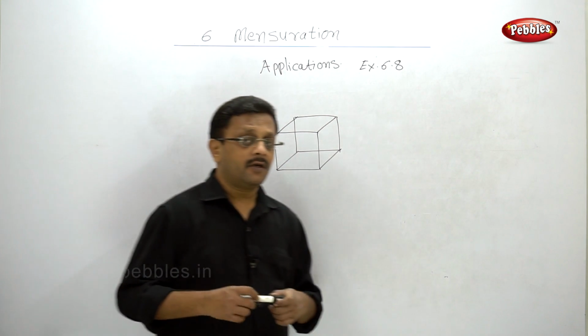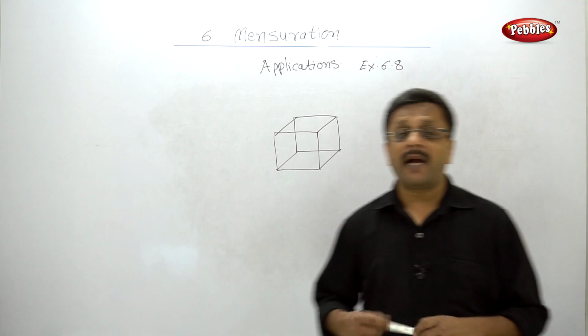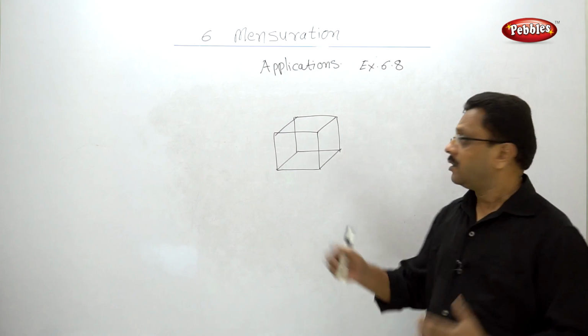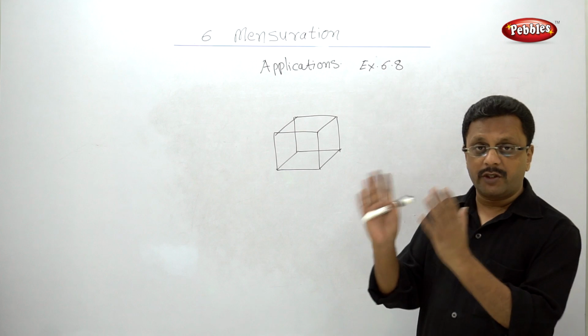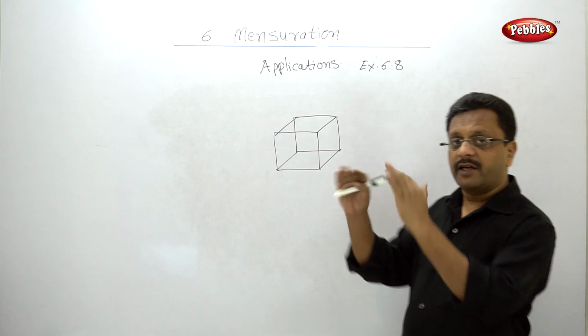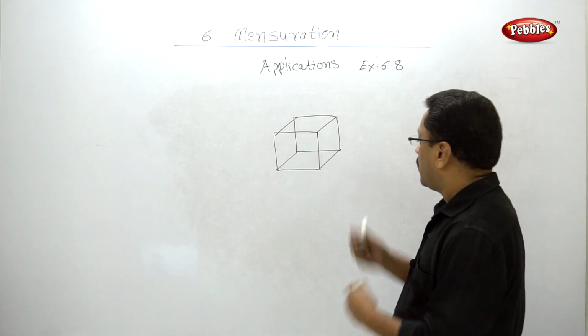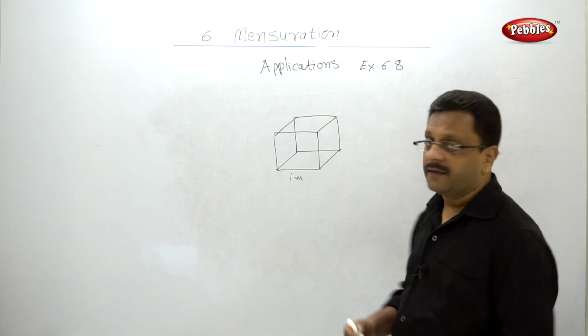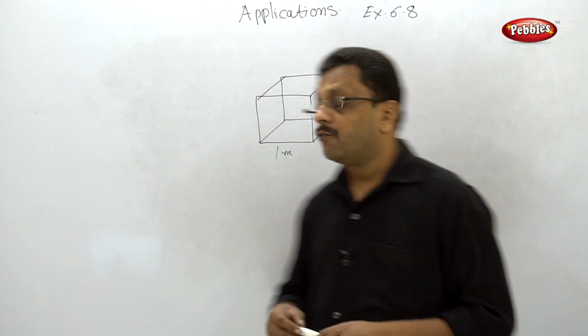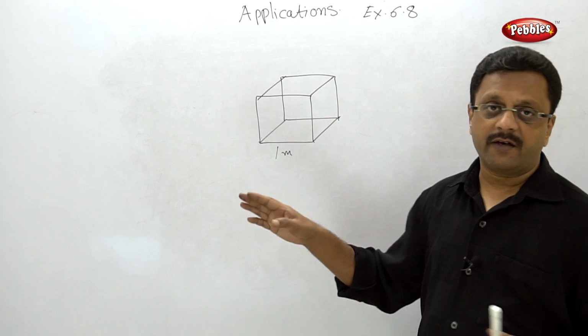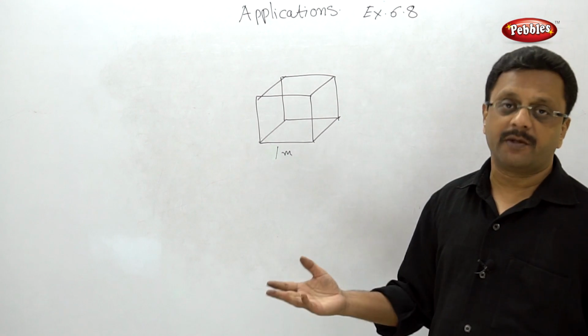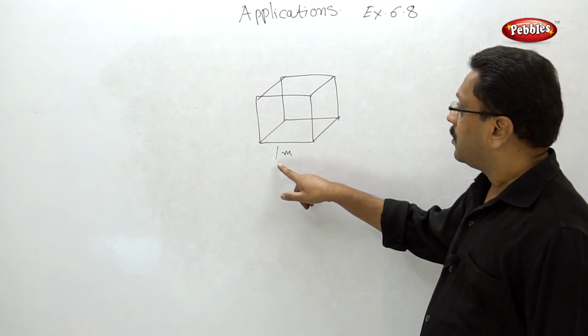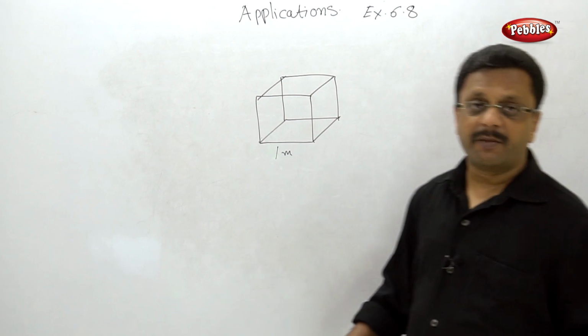Now, you have to imagine in front of your eyes how the figure is, how that solid actually is. A cube of 1 meter side, and you have to find its volume. If you want to find the volume of this cube, it is very simple. That is one cube, 1 meter cube.